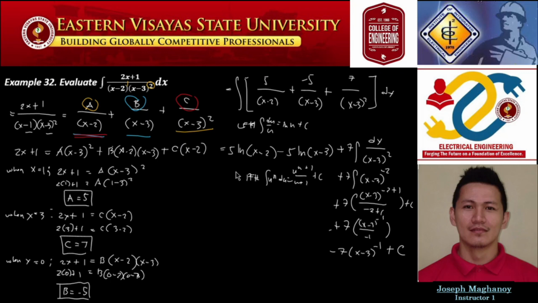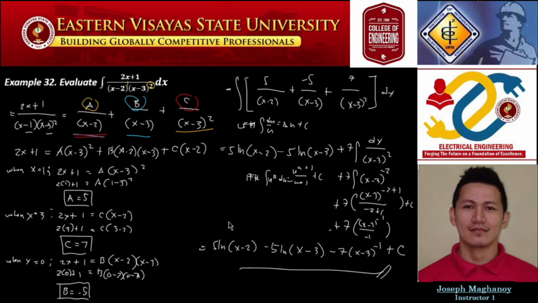And copying the other values for your A and B, that is 5 ln quantity x minus 2 minus 5 ln quantity x minus 3. So this is your final answer for example number 32.